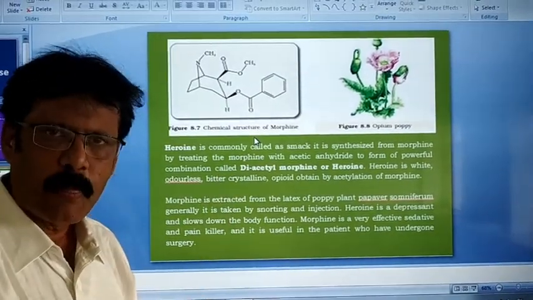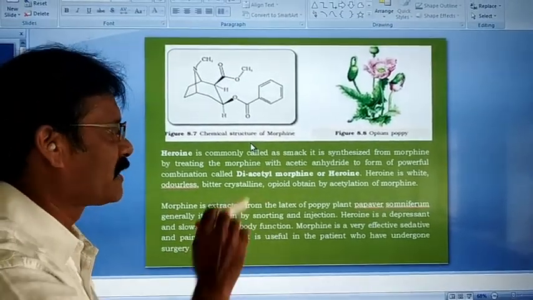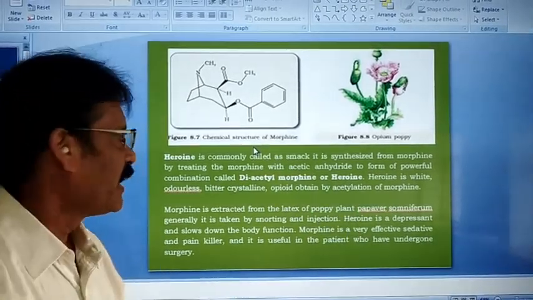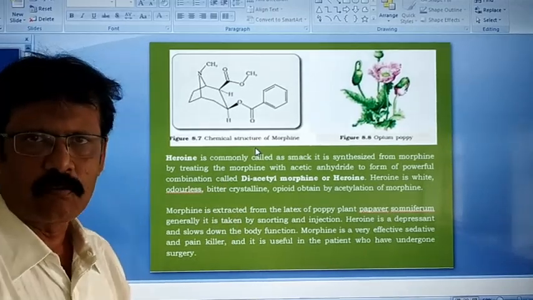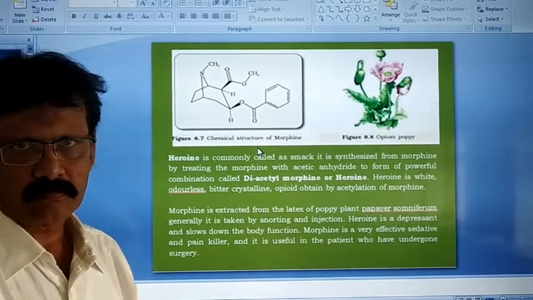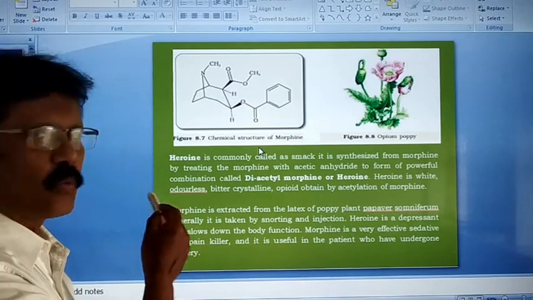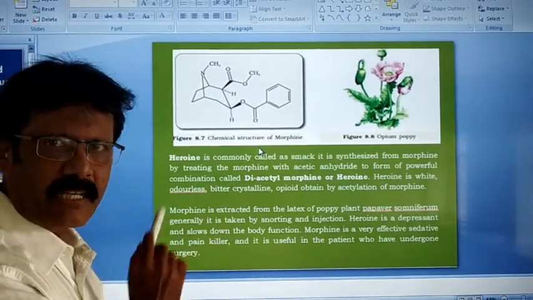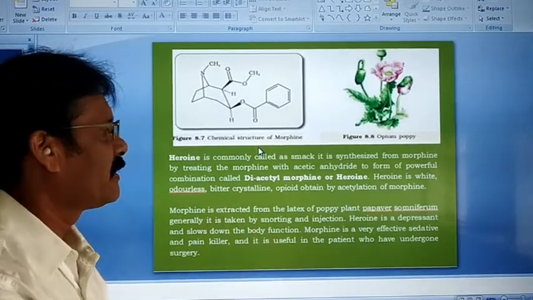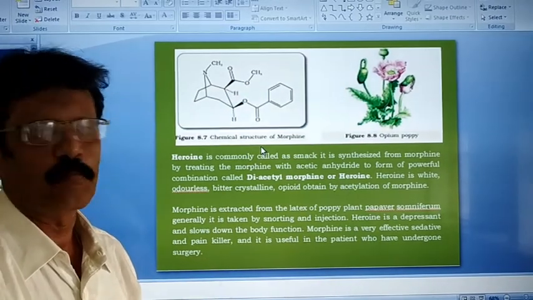It is synthesized from morphine by treating the morphine with acetic anhydride to form a powerful compound called diacetylmorphine, or heroin. Heroin is white in color, odorless, and bitter in taste. It is a crystalline opioid obtained by the process of acetylation of morphine.